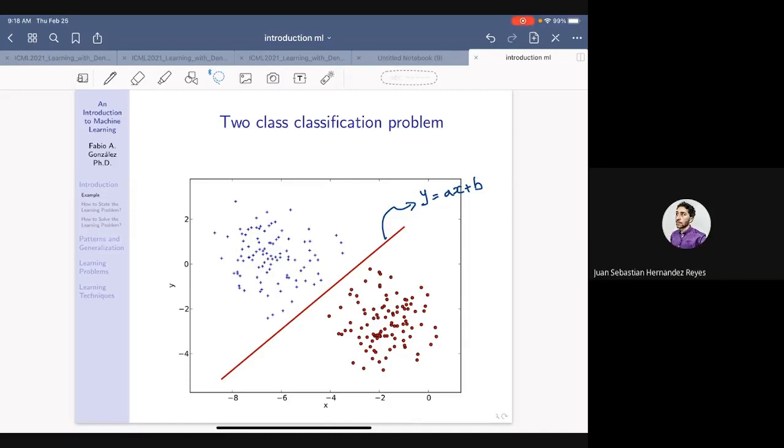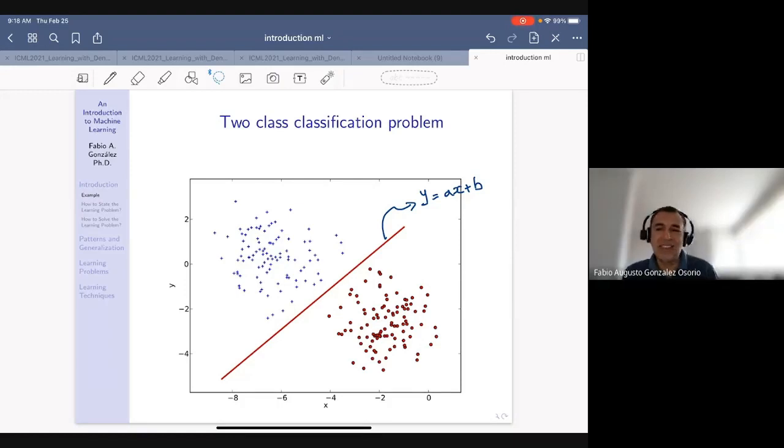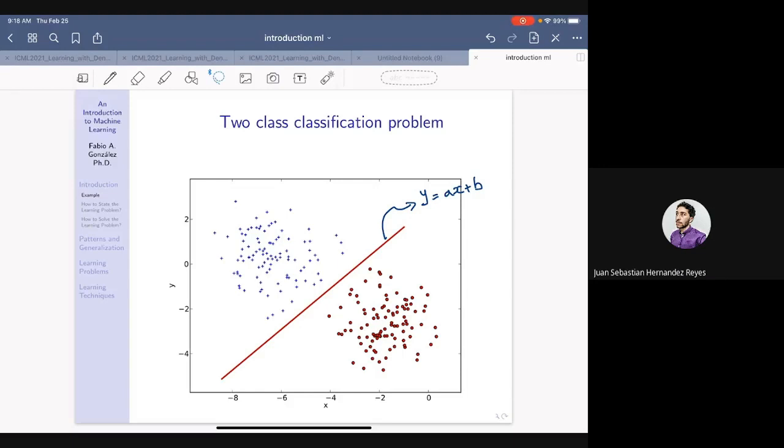It takes a random line in the workspace and slowly changes the parameters to adjust the line. How slowly? In steps. So it changes the parameters A and B and adjusts the line.